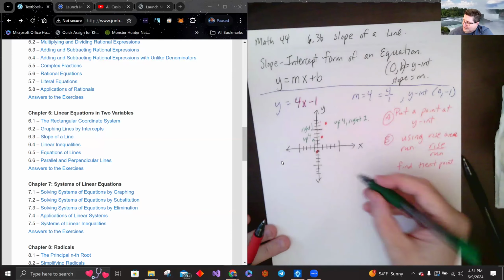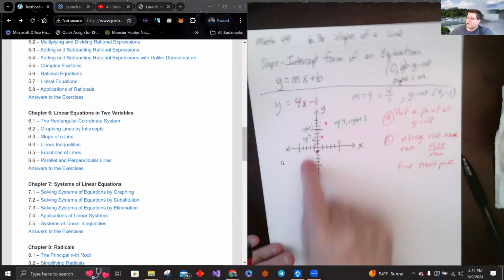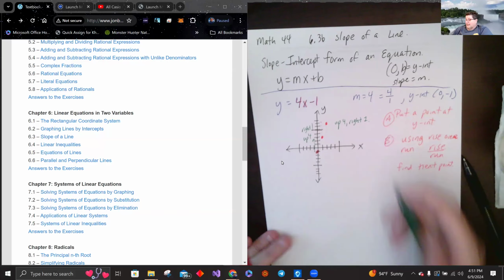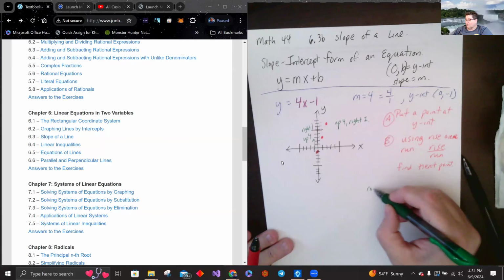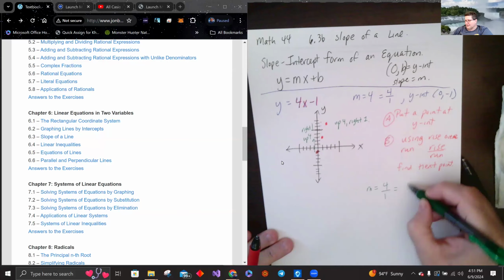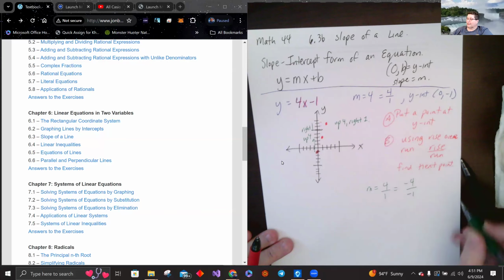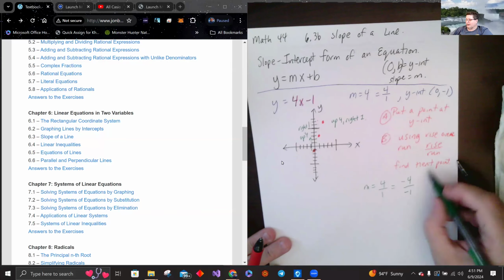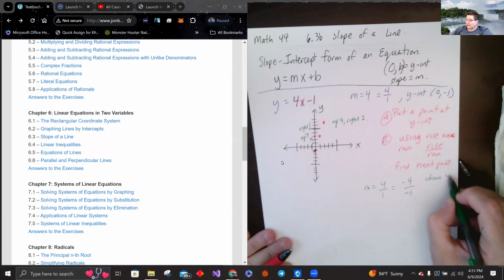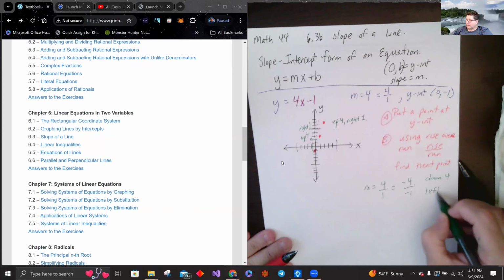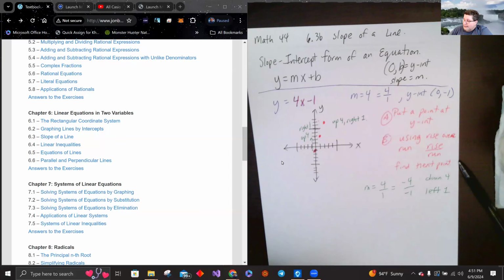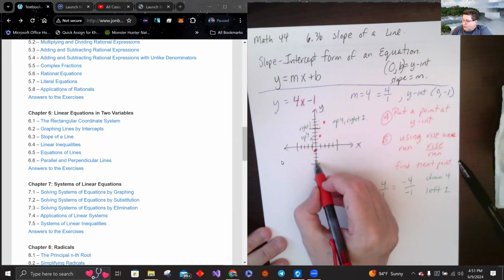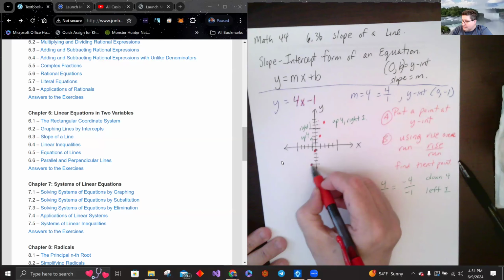Another way of looking at that slope, if you want to go the other direction, is when m equals 4 over 1, that's also the same as negative 4 over negative 1. So here I could go down 4 and left 1. So I'll do that. I'll go down 4 and left 1.